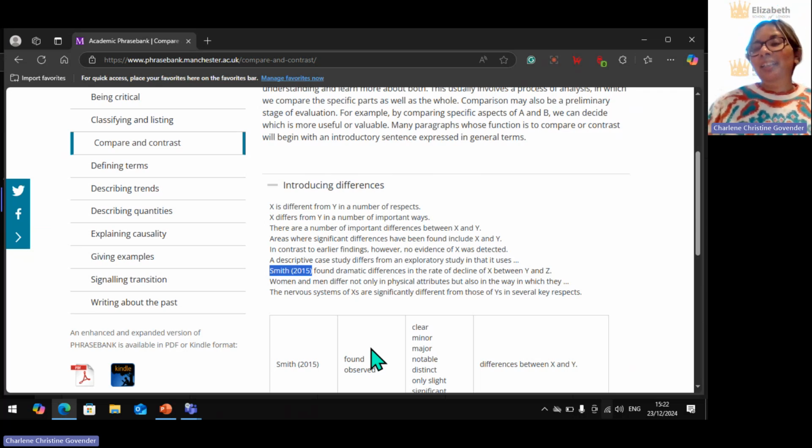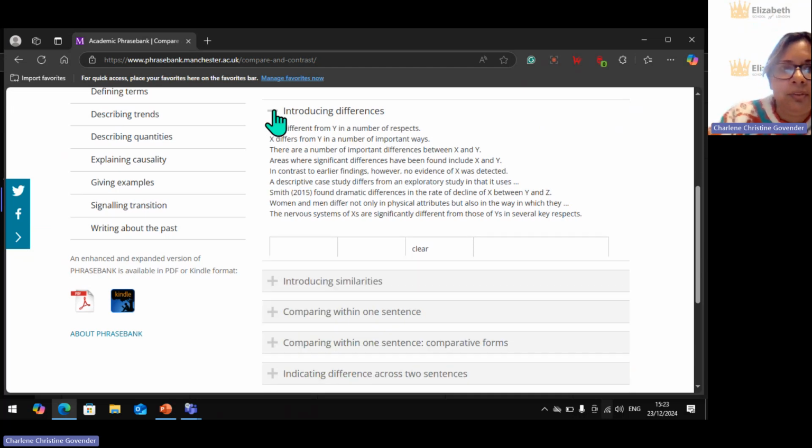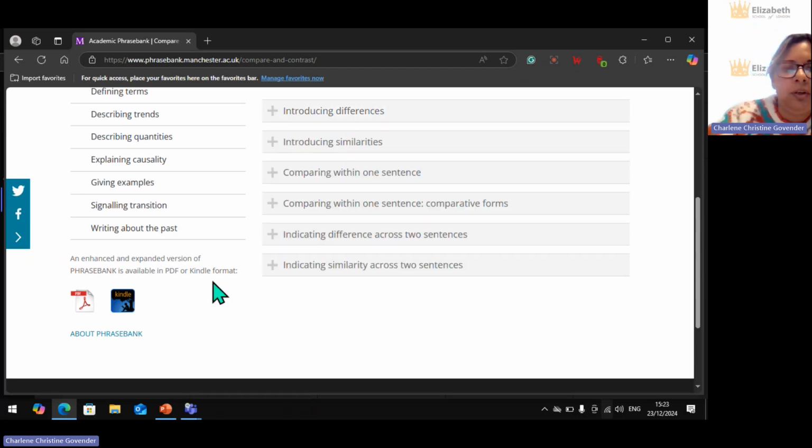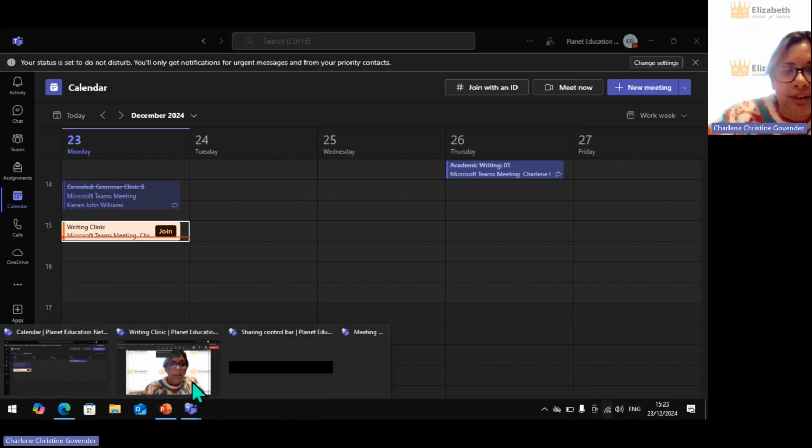We will try to keep our sources 5 years and under. So that's what we will take note of when we are using the phrase bank. Just wanted to clear that up to make sure we have no confusion with using the academic phrase bank.